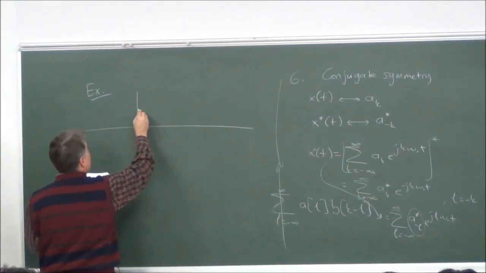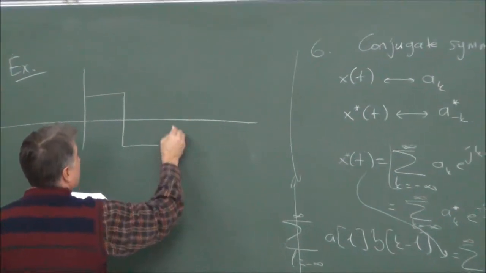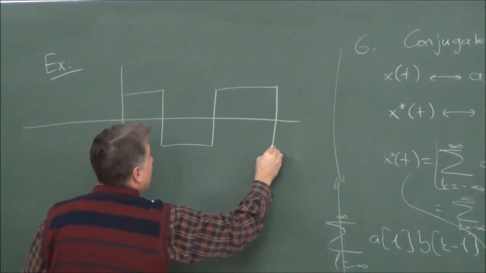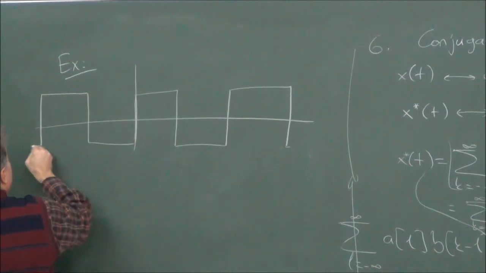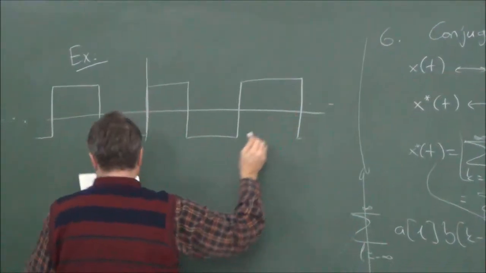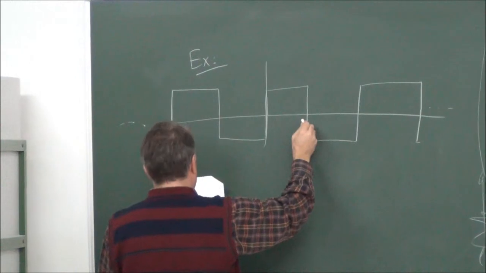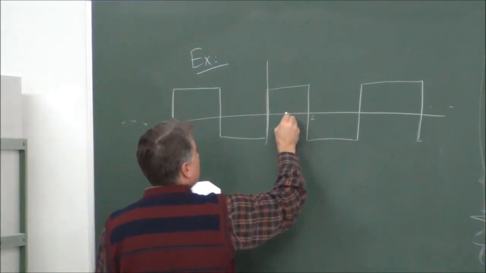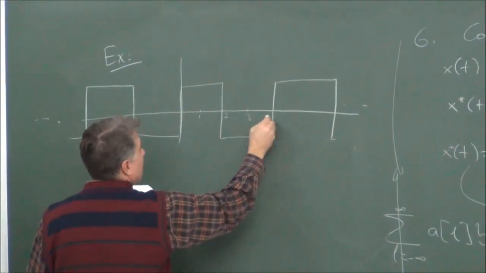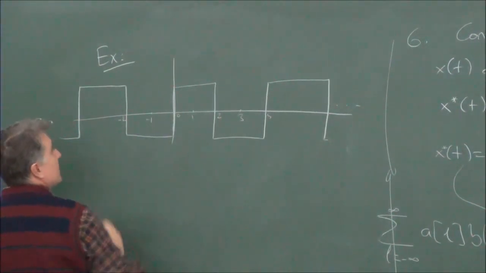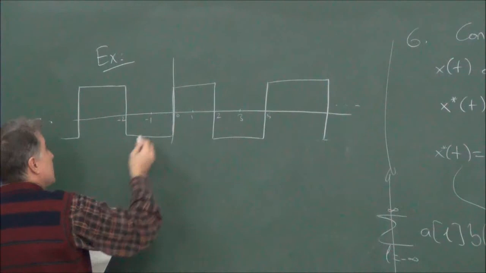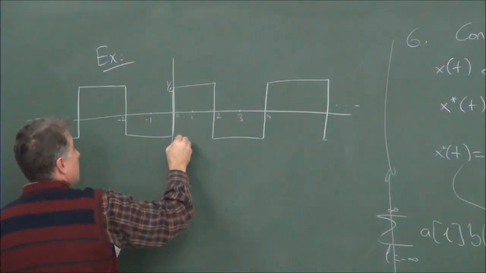This is your signal. And what are the Fourier series coefficients of this signal? If this is 2, 4, -1, -2, etc. And the levels are 1/2 and -1/2.